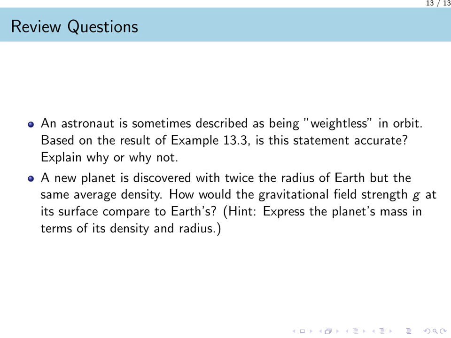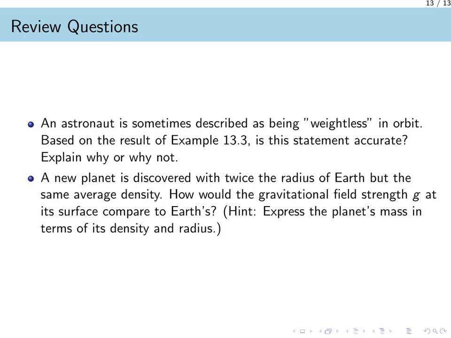The second question involves a new planet with twice Earth's radius, but the same average density. We start with the formula for surface gravity. g equals G times M over r squared. The key is to express the mass, M, in terms of density, which we will call rho, and radius r.